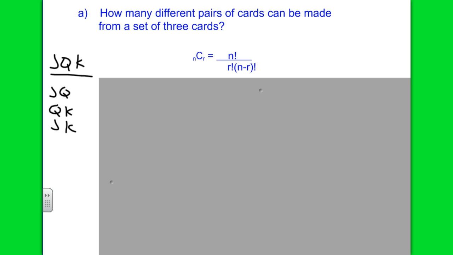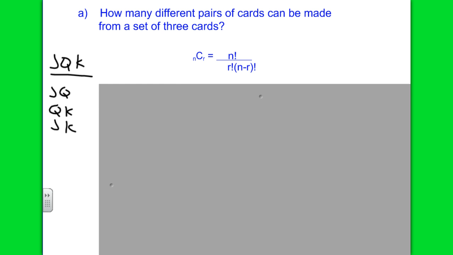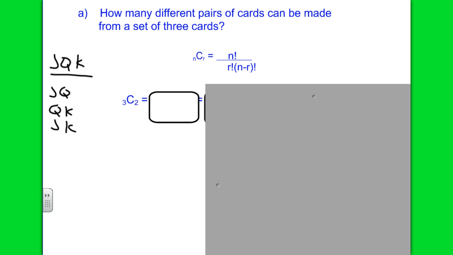Can we say it now? N is 3, right? We have 3 factorial. Maybe some of you don't know, but r is how we're arranging them, in pairs. So what size is that group if it's a pair? 2. So we should have a 2, as you see we do.